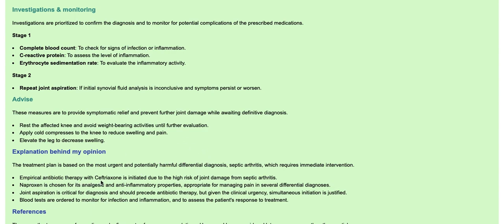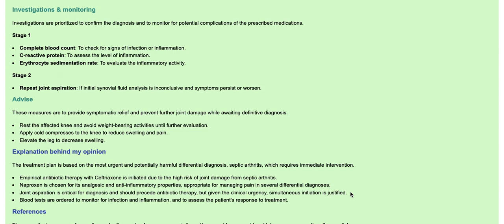So empirical antibiotic therapy with ceftriaxone was initiated due to high risk of joint damage. Naproxen for its analgesic and anti-inflammatory properties. Joint aspiration is critical for the diagnosis and should precede antibiotic therapy, but given the clinical urgency, simultaneous initiation is justified. So this is what we are actually doing at the back end.